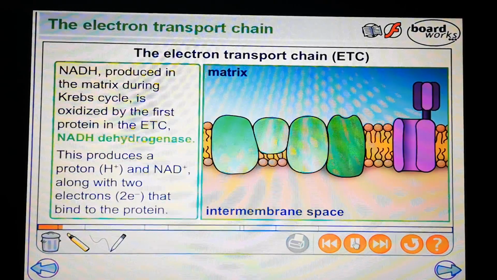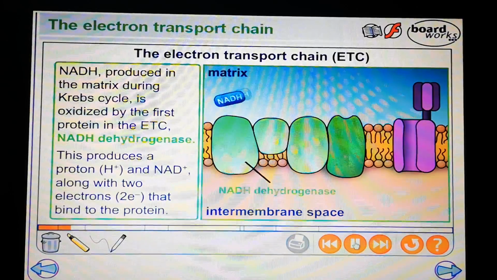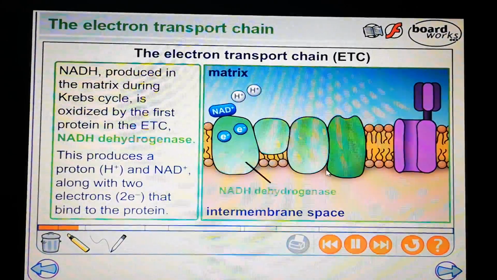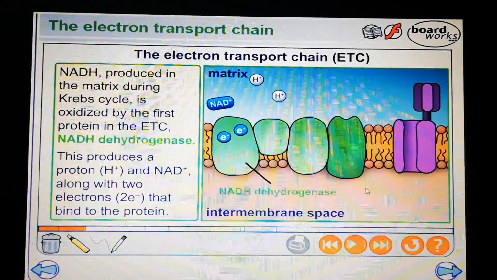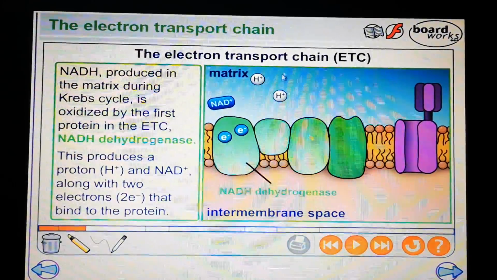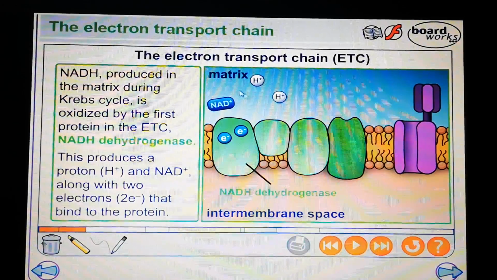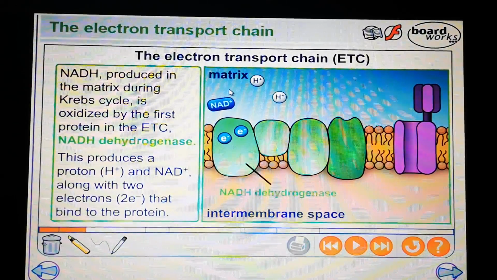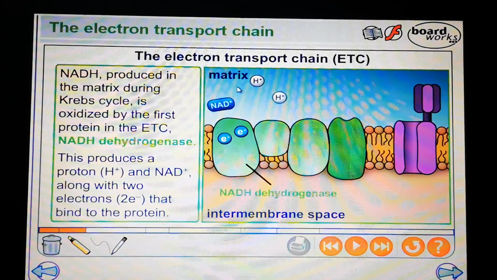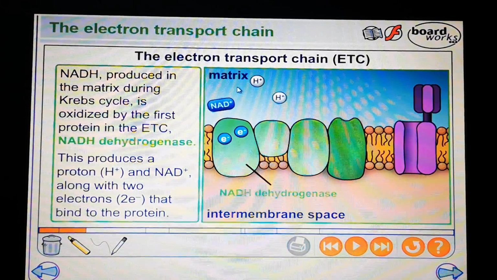Now, here's our reduced NAD. So here it comes. Remember, we're in the matrix to begin with, and that's obviously where the Krebs cycle happens. And let's say that this reduced NAD has obviously come from the Krebs cycle.